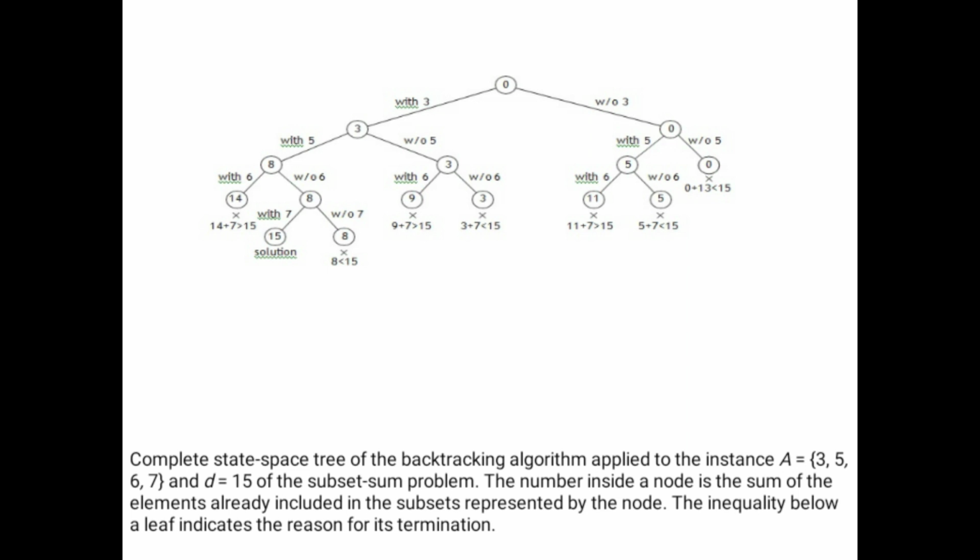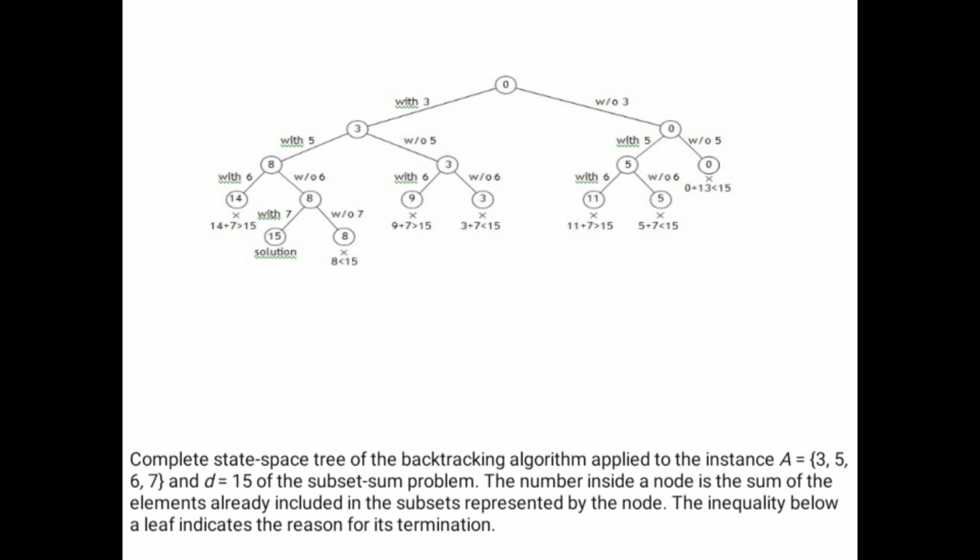For instance, A is equal to 3, 5, 6, 7. That is, a set is given with elements 3, 5, 6 and 7, and we have to find the sum of subsets. That is, we have to find the elements from the given set whose sum will be equal to 15.